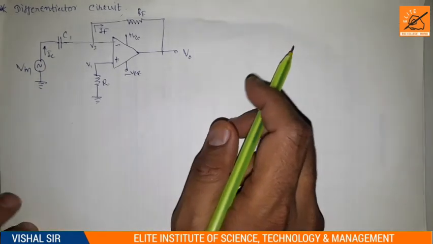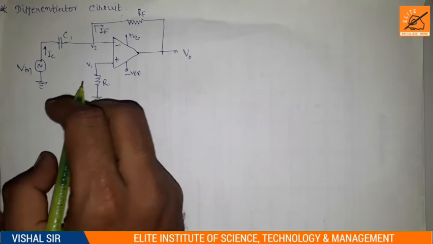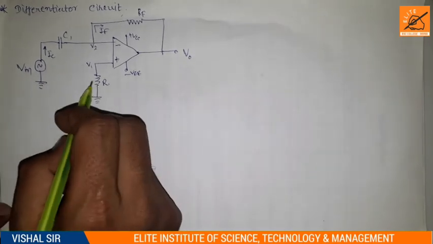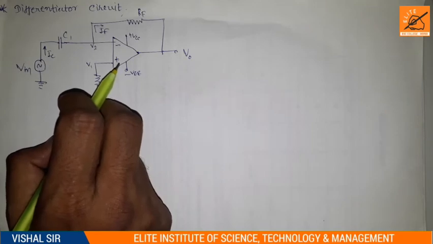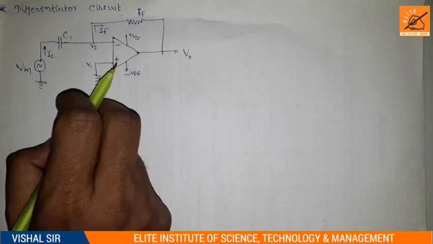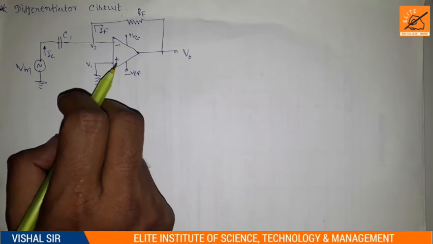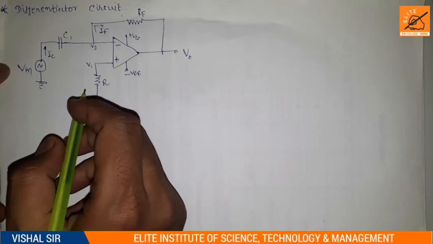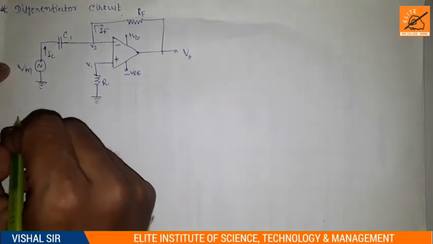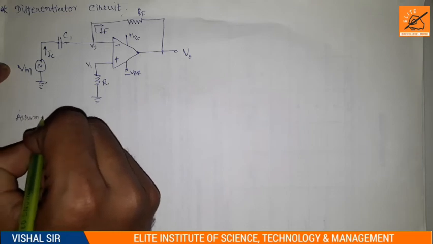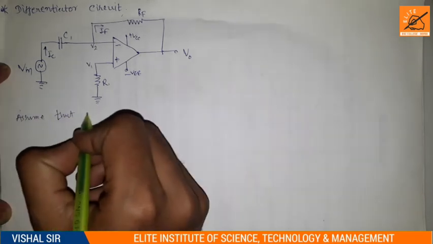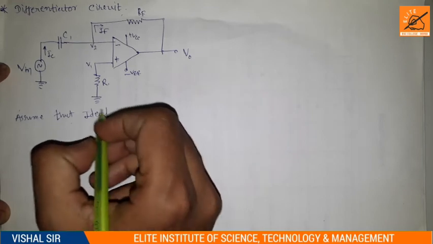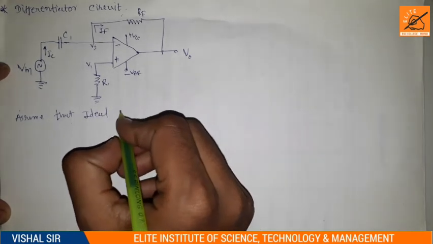Now we will discuss the expression for output voltage. Here we have assumed that an ideal op amp is used.